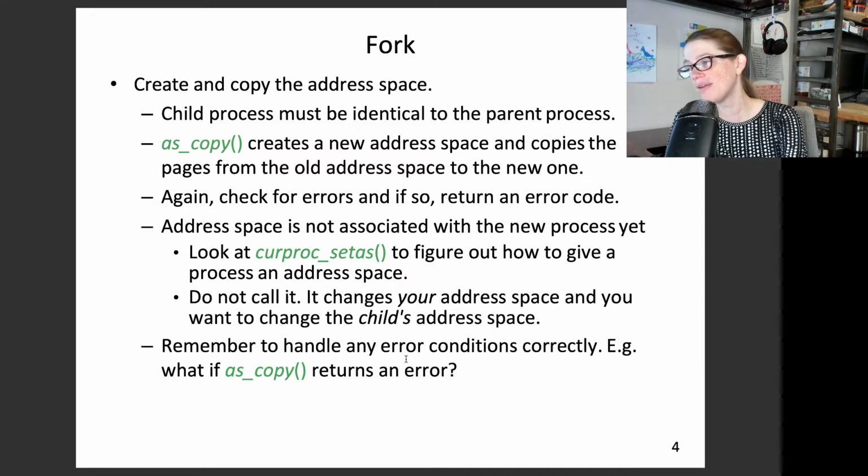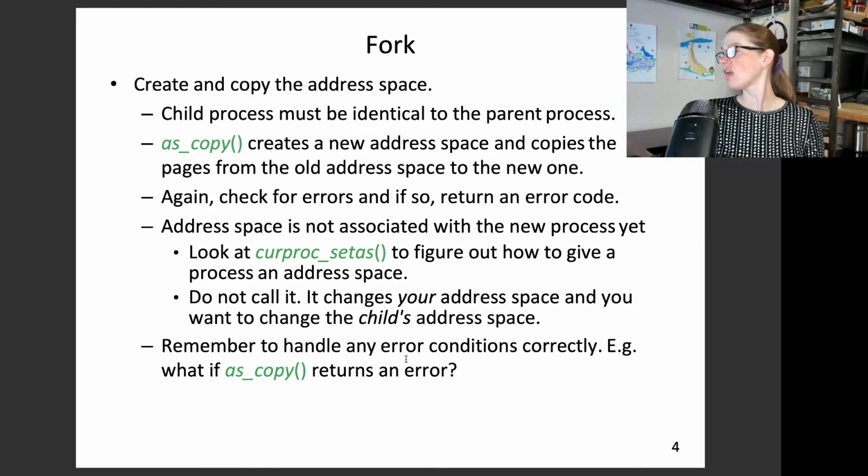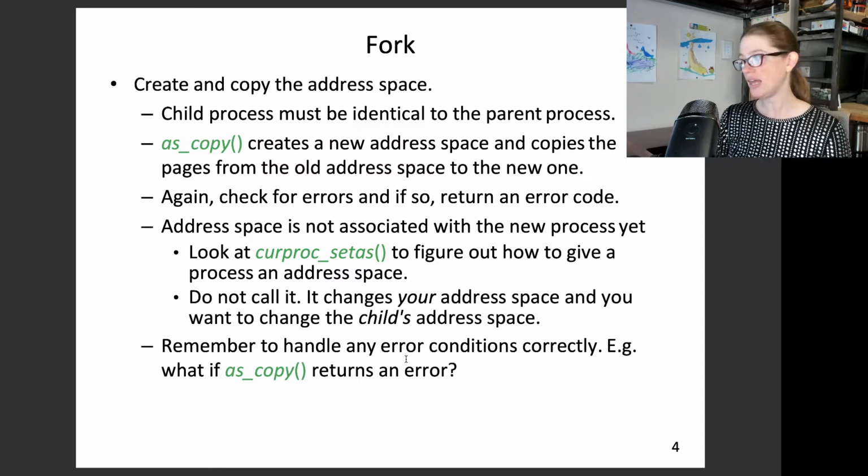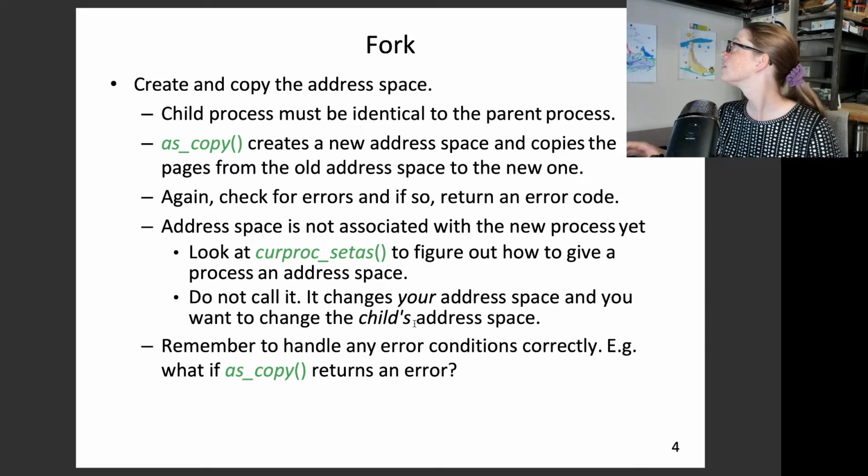My recommendation is to look at the function curproc_setas to see how we synchronize that with a different function. Now, do not yourself call curproc_setas, because we are not setting the parent's address space, and that's what that function would do. We want to set the child's address space. It's just that that code will show you a safe way of doing that. Again, as_copy may return an error, for example, if there's not enough memory, and so you need to be able to handle that.